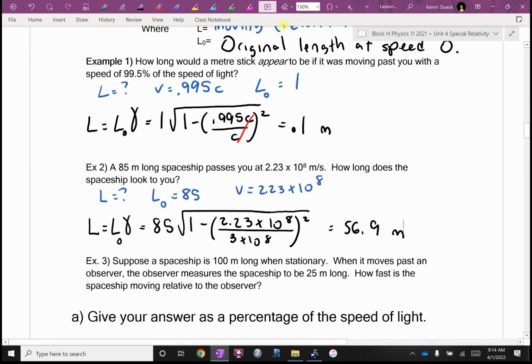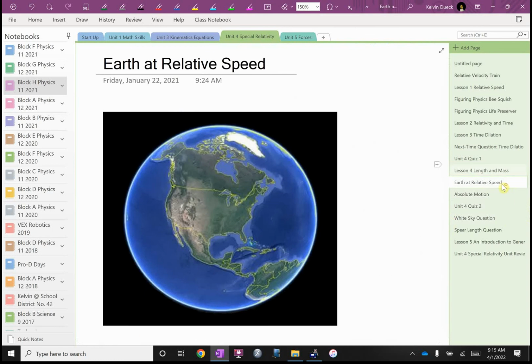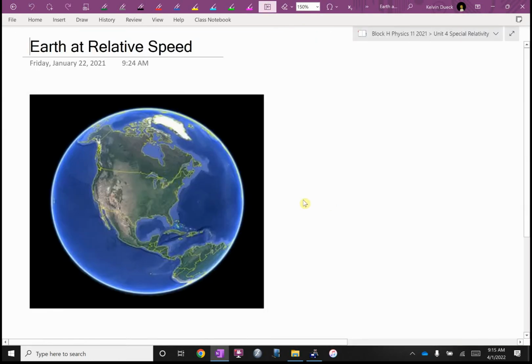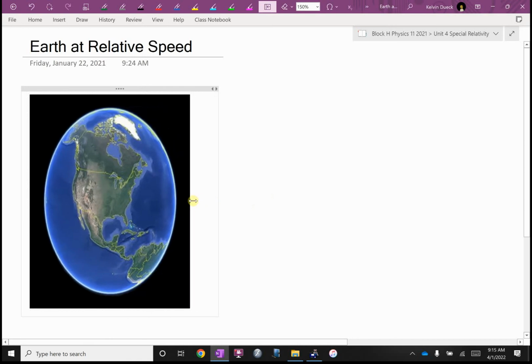What if you went zipping by the Earth really, really fast in a spaceship? You would seem really, really short to the people on the Earth, but wait a minute, as far as you're concerned, you're at rest, and it's the Earth that's zipping past you. Here's what you would see. The faster you went, the more you would see Earth looking like that.